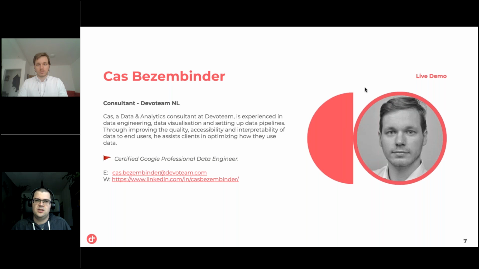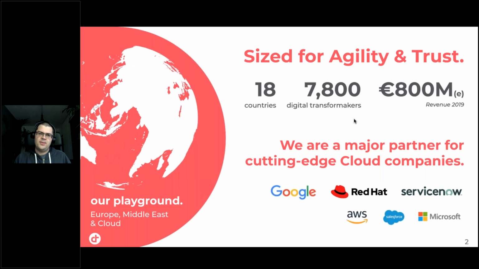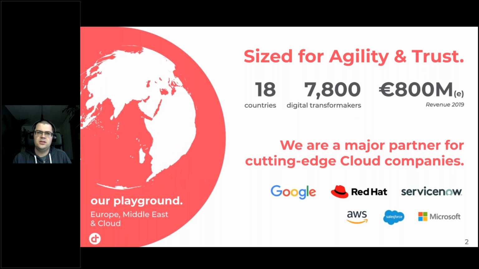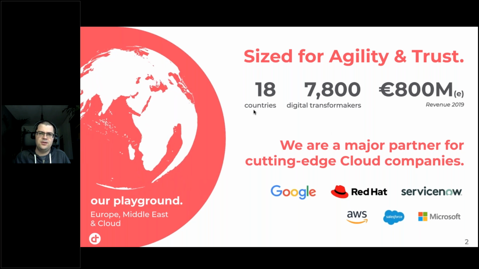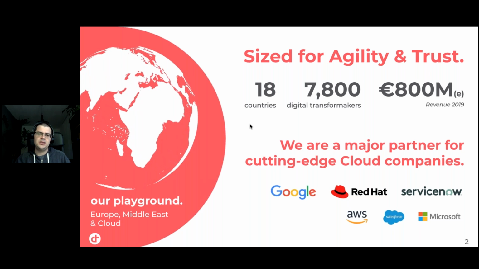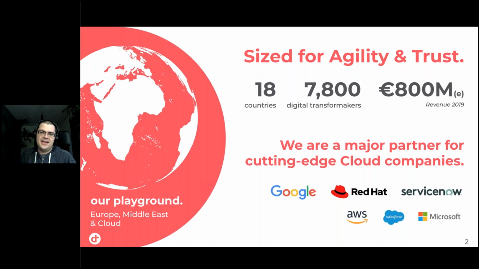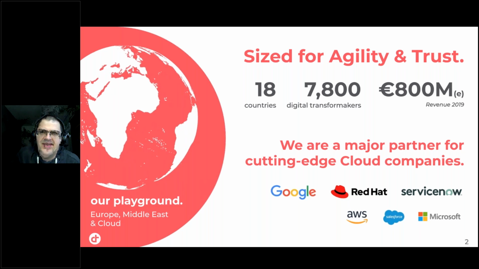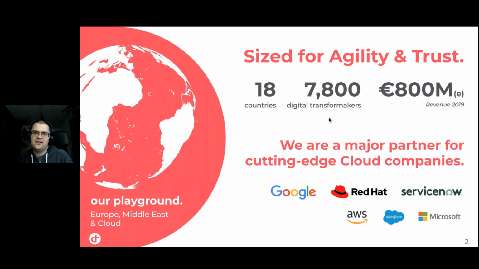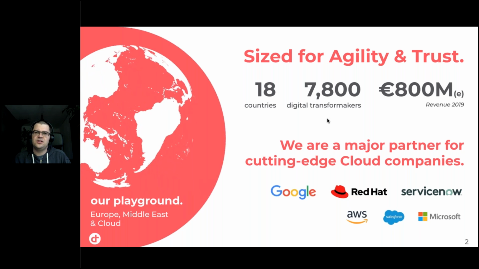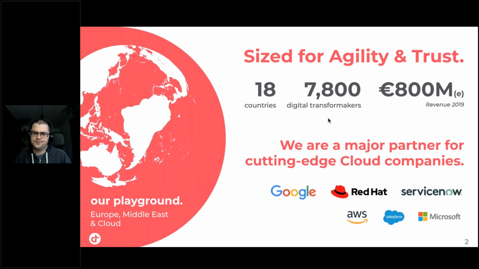Thank you, Cas. So a little bit about DevoTeam for those that don't know us. We are a consultancy. We're in 18 countries, located in Europe, the Middle East, and Africa. We have 7,800 digital transformakers, as we call ourselves. So that's of course employees, with a revenue of around 800 million for 2019.